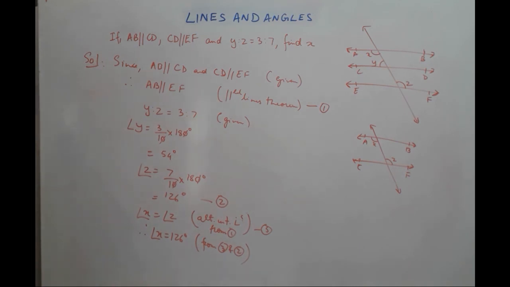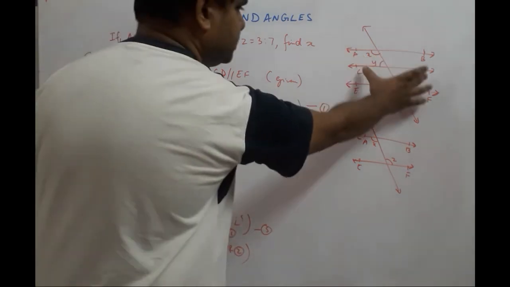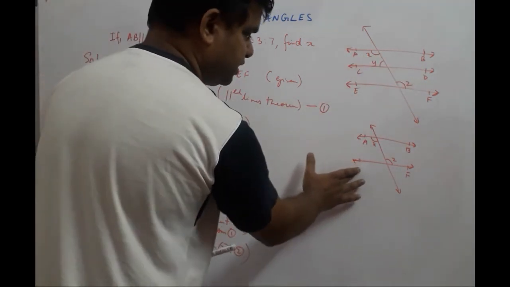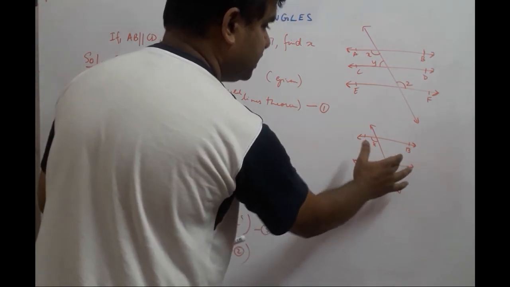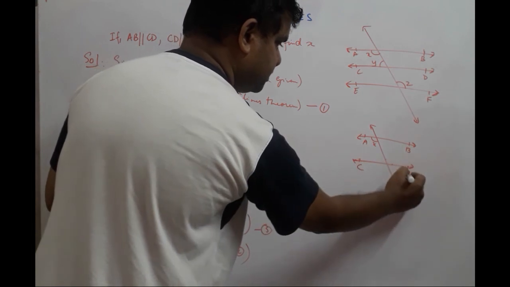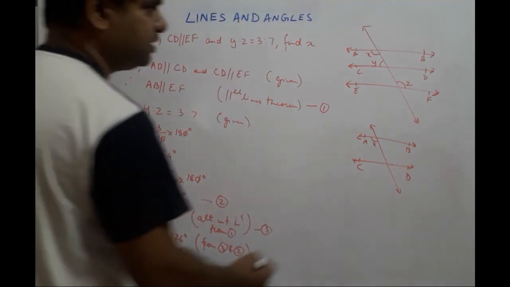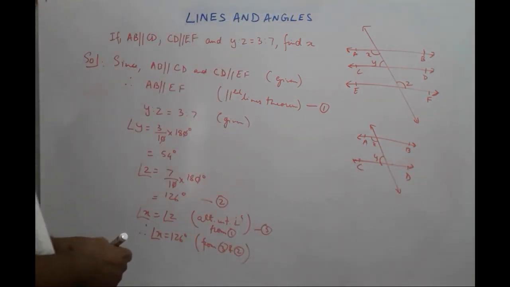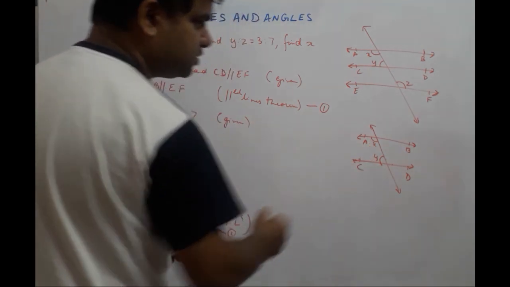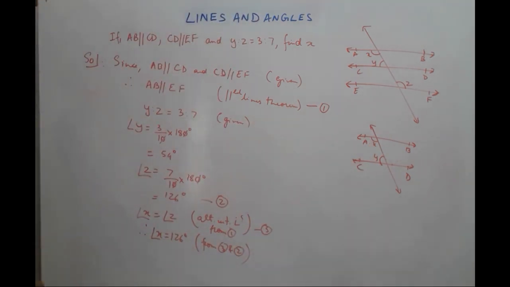The other way of getting x is if we just look at these two parallel lines. Let's say I replace this line with C and D. In that case, y will come here. Now we know AB is parallel to CD. Then these become what? Interior angles, and we know that interior angles are supplementary.